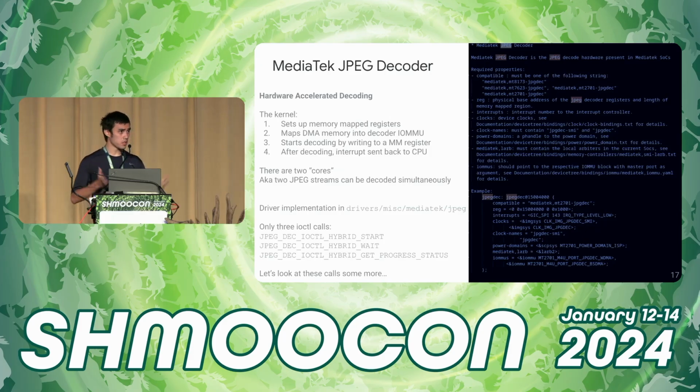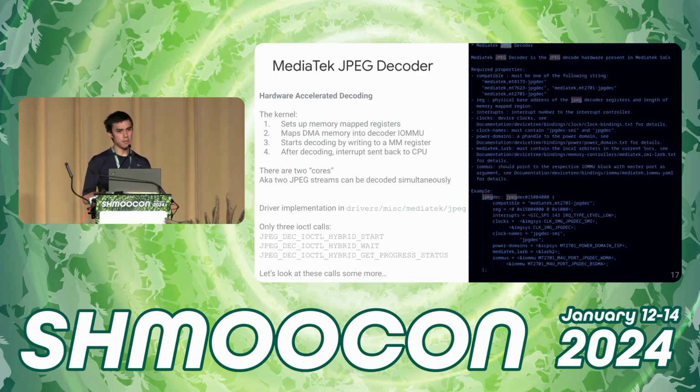So the first investigation was, what is this driver? Why does it exist? It's the MediaTek JPEG driver that the JPEG decode hardware uses. There's basically JPEG decode hardware present in the MediaTek SoCs, and this is the driver that backs that hardware. There's a couple of things that the kernel does for this. It sets up memory mapped registers.